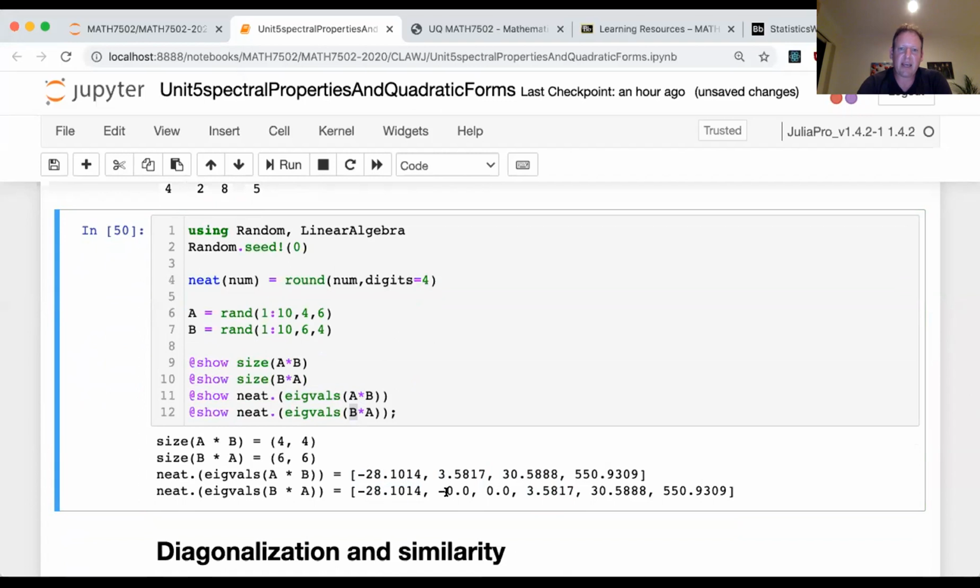Of course, BA, the bigger size, has some 0 eigenvalues. The rank of BA is only 4. But still it shares the same non-zero eigenvalues.